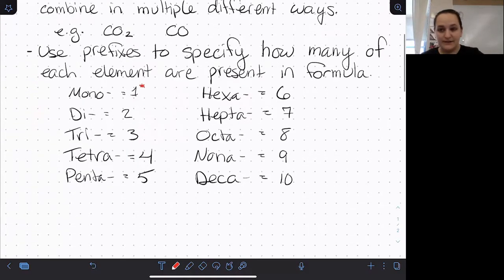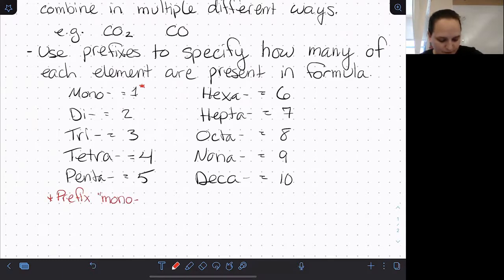Otherwise, we put prefixes on both. There's a prefix on the first and the second in most compounds if there are multiple atoms of both. So the prefix mono is never used on the first element in the compound; it's just implied that if there's no prefix on the first one, there's only one of that thing.